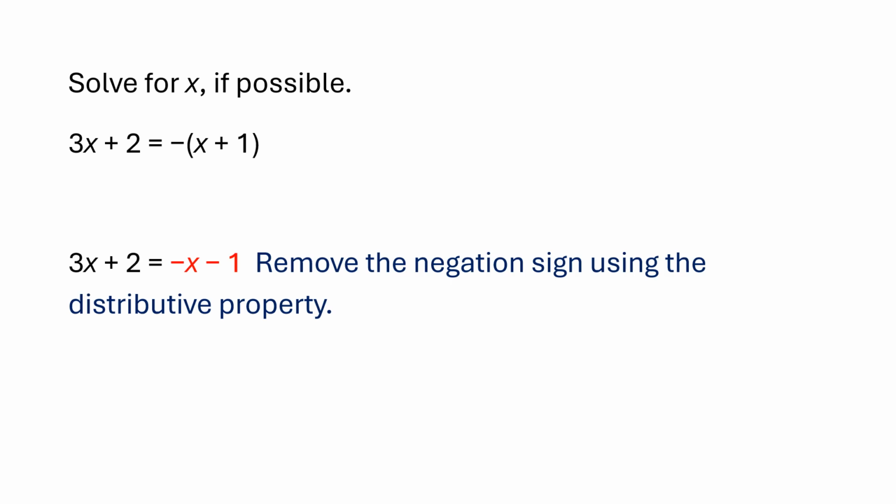Thinking of that negative sign as a -1, we multiply through by -1 and end up with -x minus 1. The minus 1 comes from the -1 times 1. So we have 3x plus 2 equals -x minus 1.